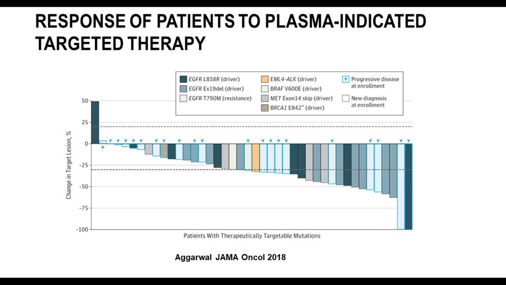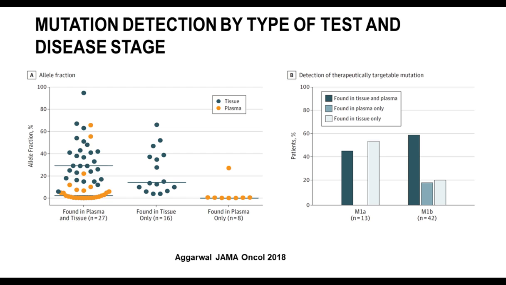But if liquid biopsy is working so well, why do we not replace tissue testing with liquid biopsy up to now? Well, the point is that in most of the studies that have assessed the concordance between tissue and liquid biopsy testing, this concordance was very low, usually below 70%. And the low concordance is due to two different factors.